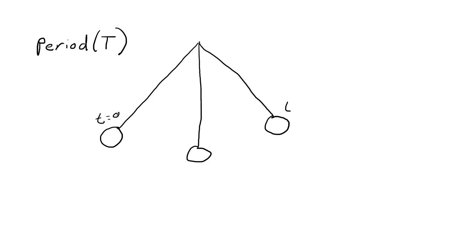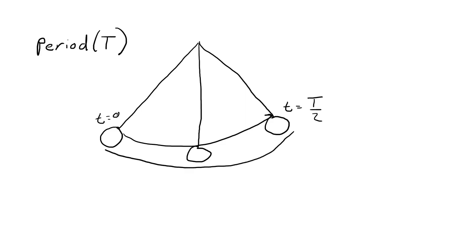So at this point, the time would be equal to half a period. On my way back, I'm going to swing down this way and return to my original position. Once I return to my original position, I've completed one period. So it's the time taken for an individual pendulum or particle or mass to undergo one complete oscillation and return to its original starting position.